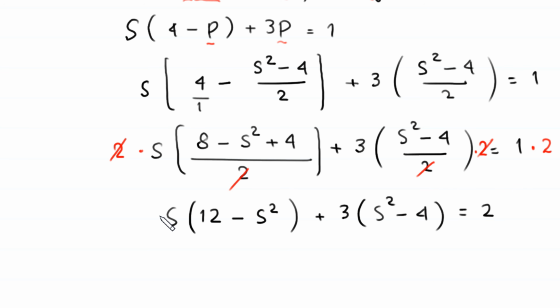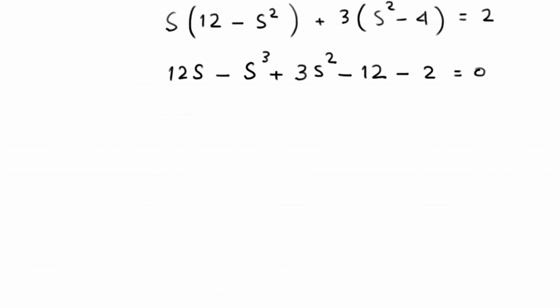Distribute this s times 12, 12s, and s times negative s squared will become negative s cubed plus 3 times s squared, 3s squared, and 3 times negative 4, negative 12. Move this 2 to the left hand side, this will become negative 2 equal to 0.